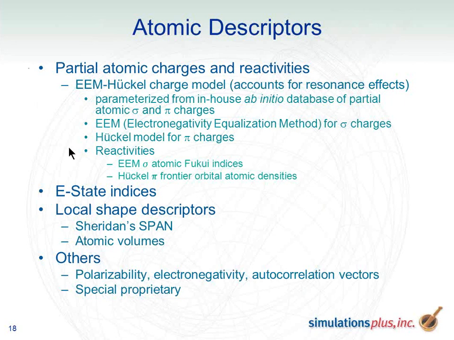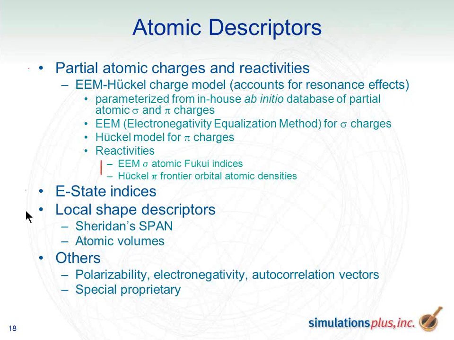So we had a grant where we basically took a large number of molecules and performed ab initio calculations to create partial sigma and pi charges on the atom. So this is basically our experimental results, and then we parameterized an EEM and Huckel model to reproduce those ab initio charges. We also, from that, can create reactivity descriptors such as Fukui indices.